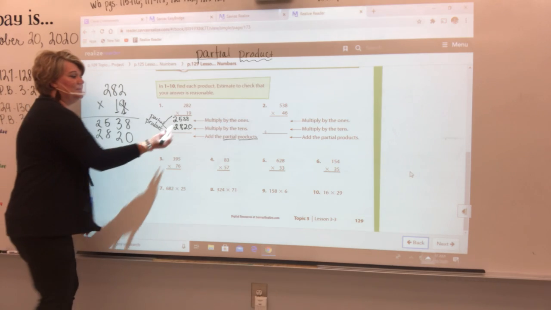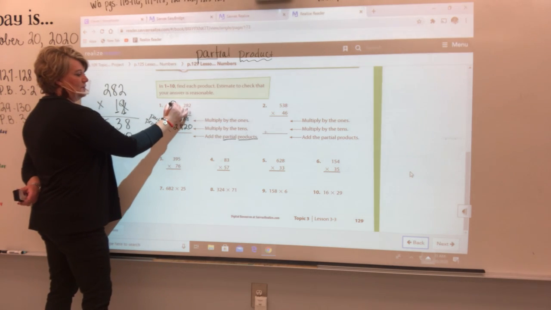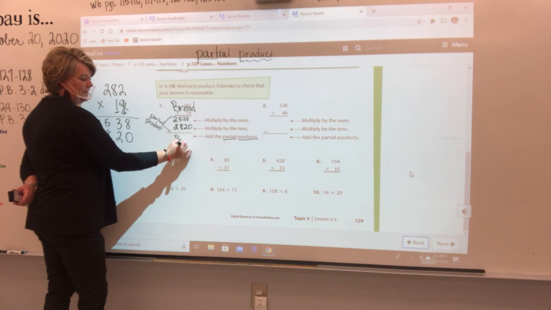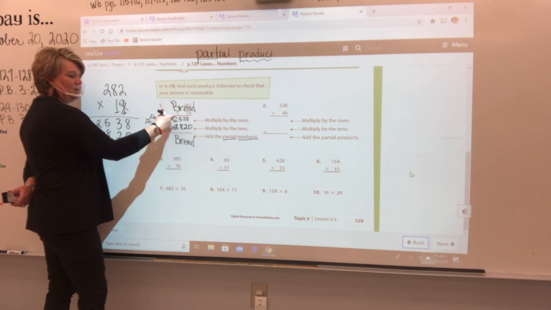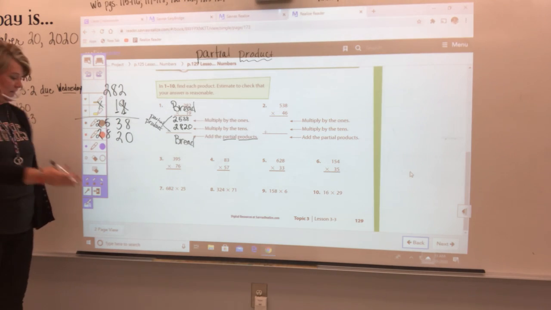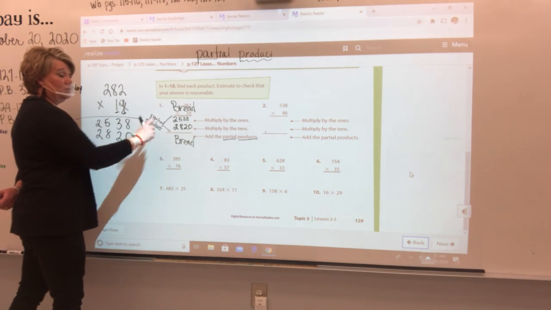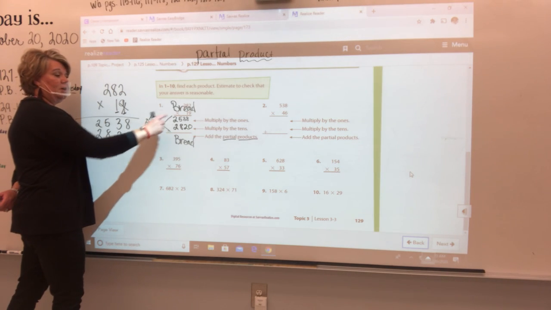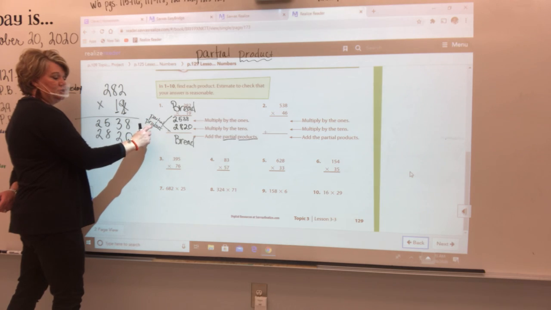The way I look at it, it's like a sandwich. And this part up here is the bread. And this part down here is the bread. And this part in the middle would be like the ham and the cheese and the turkey and the lettuce and the tomato, okay? Or a burger, yeah, it's the meat. Are y'all tracking with me? It's the meat. And what do we call the meat part? Say this word, partial product.